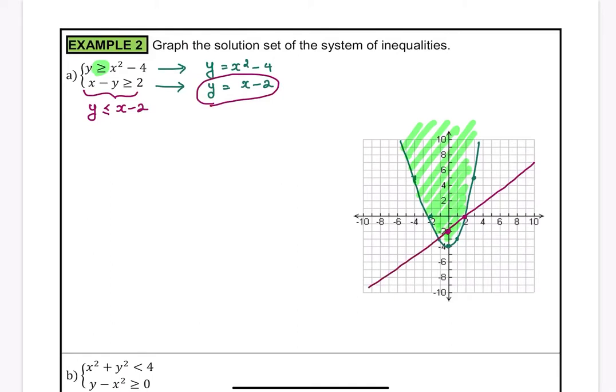As I said, if I rewrite this equation, y is less than or equal to x minus 2, so it's going to be everything below.